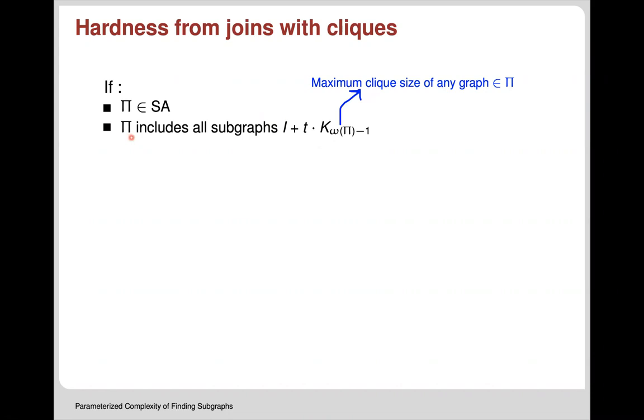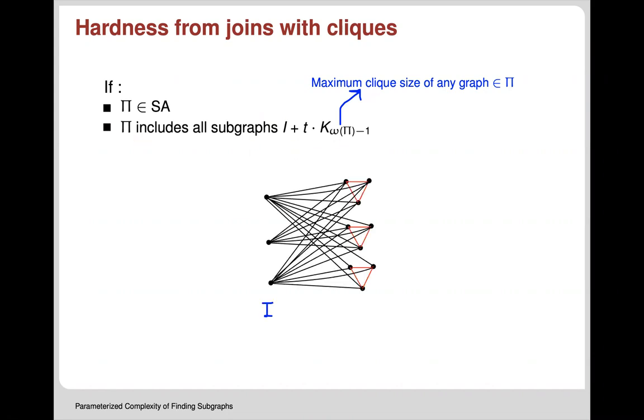So we say that pi includes all the subgraphs of this kind. If I look at an independent set and I have a complete graph on this side, then with every vertex of the independent set I get a clique of size omega of pi.